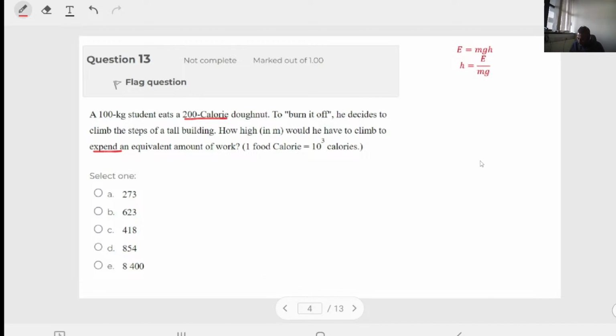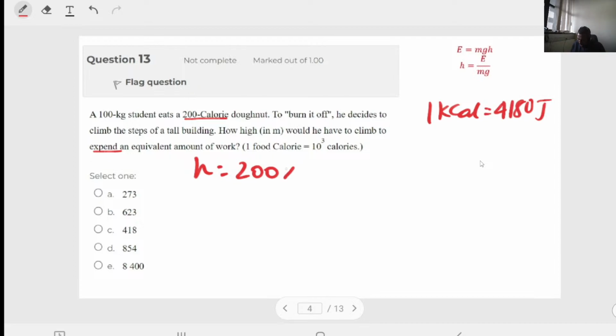Don't forget to change this one. What is 1 calorie? Basically, 1 kilocalorie equals 4180 joules. That is a kilocalorie basically.